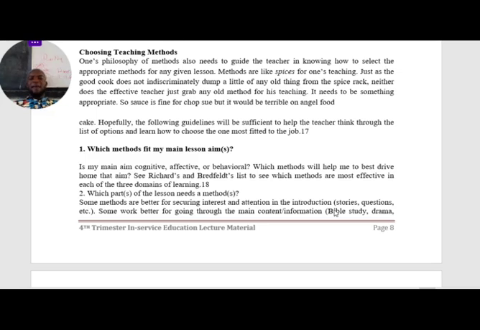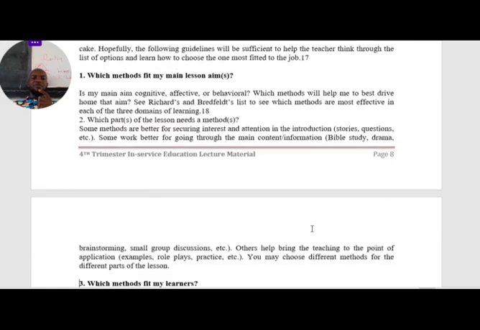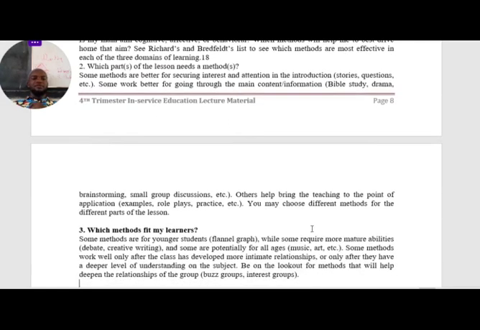Some methods are better for securing interest and attention. In the introduction, I would use storytelling, questions, among others. But some are better for going through the main content or information, such as biblical studies, drama, among others. So not all methods are applicable everywhere. You should look at such things, the aims of the subject.